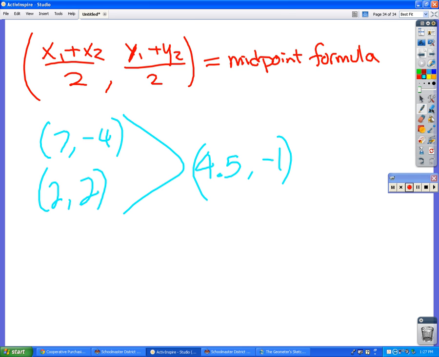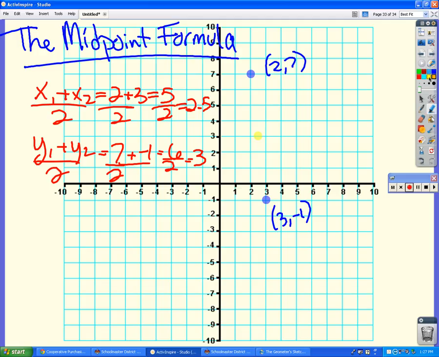Okay? So we can check our work, see if it matches when we put it on a graph. 7, negative 4 would be somewhere here. 2, 2 is right about there. And what did we come up with for our answer? 4.5, negative 1.